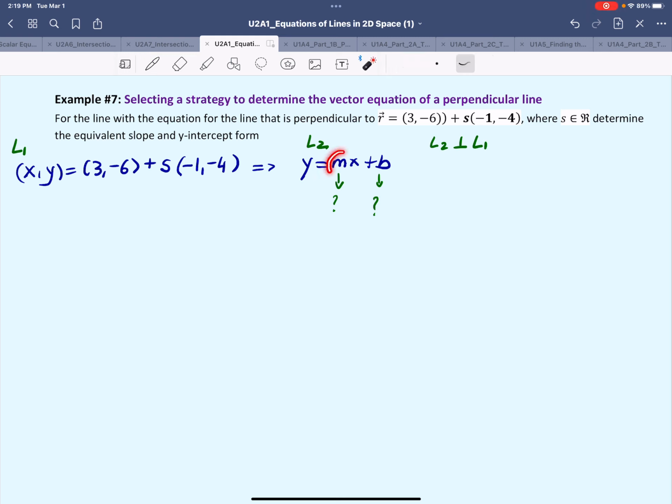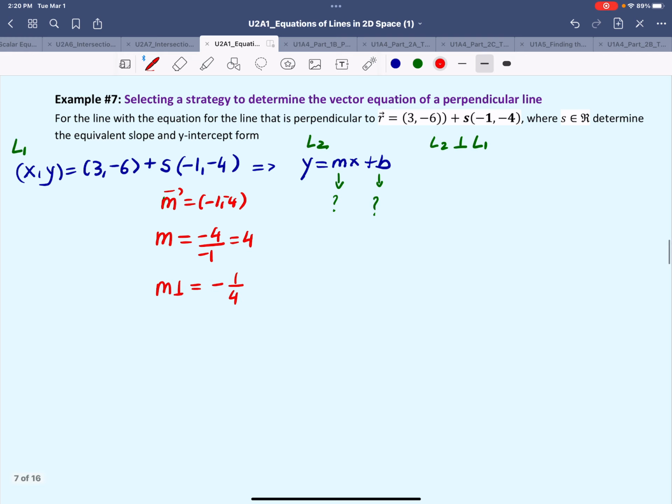The slope of L2 can be found by using the direction vector of L1, which is negative 1, 4. So the slope of L1 would be the rise, the y value, divided by the x value, and that would be 4. The slope of the perpendicular to it would be the negative reciprocal of 4, which equals negative 1 over 4.